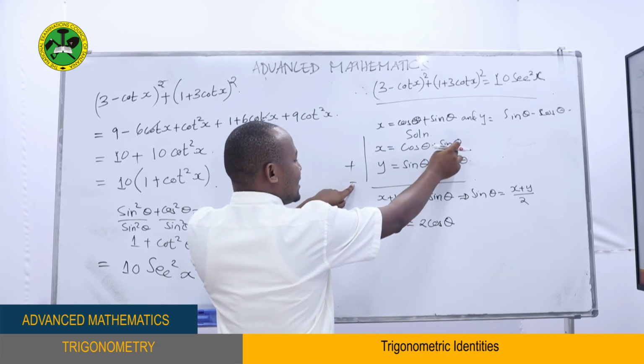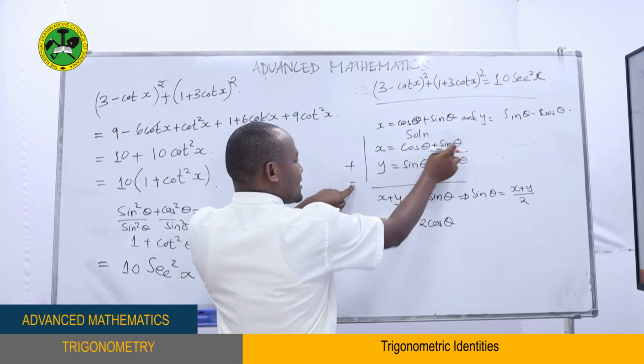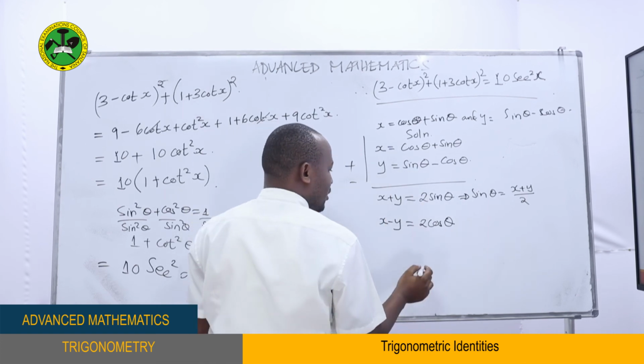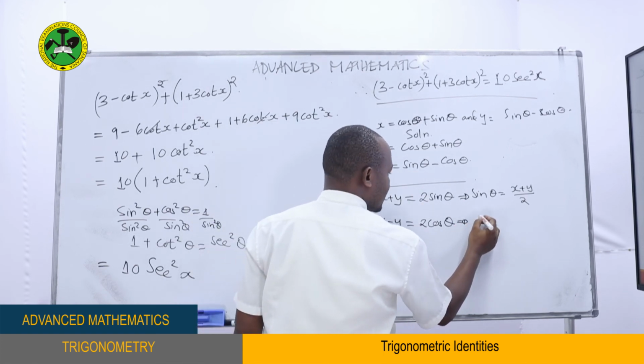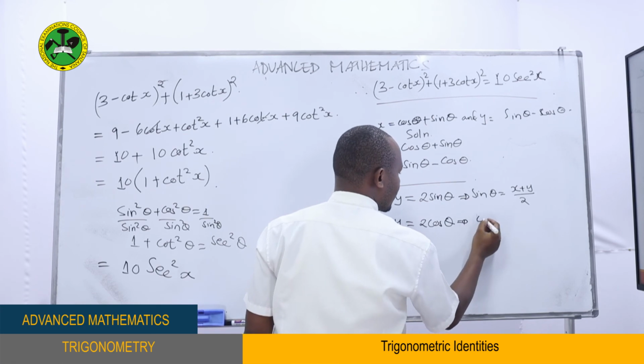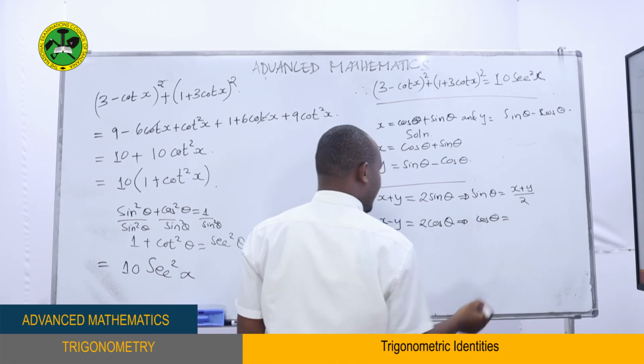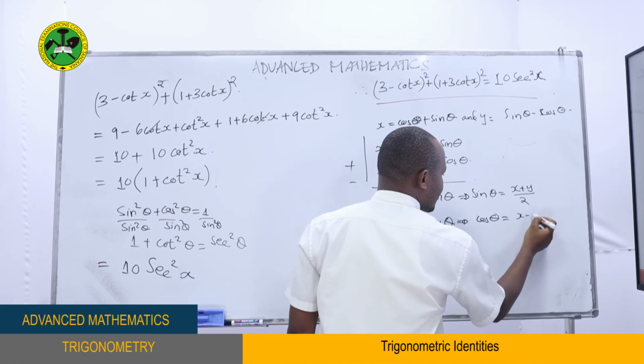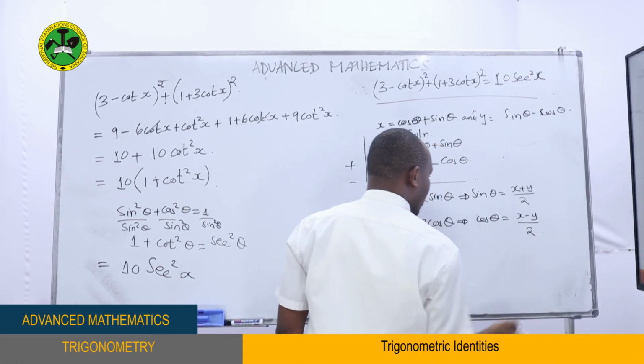And then sin theta minus sin theta equals 0. That implies that cos theta equals x minus y over 2.